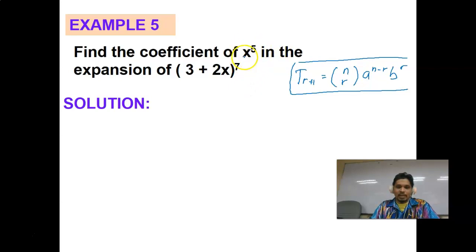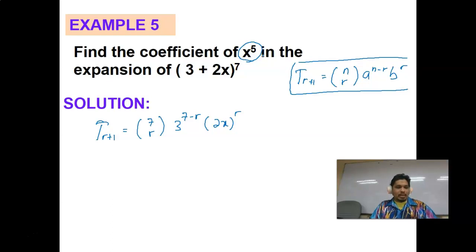According to this one, we have the term T(r + 1) equal to, the n is 7, 7Cr, 3 to the power of (7 minus r) and 2x to the power of r here. Okay, so we wanted x to the power of 5.